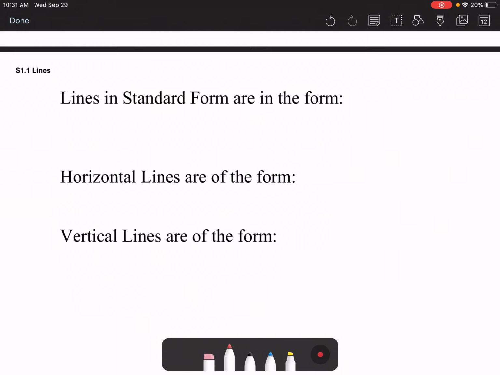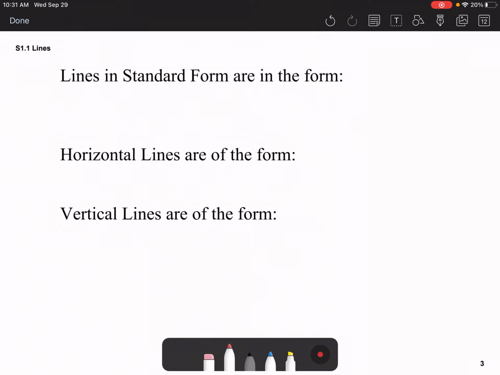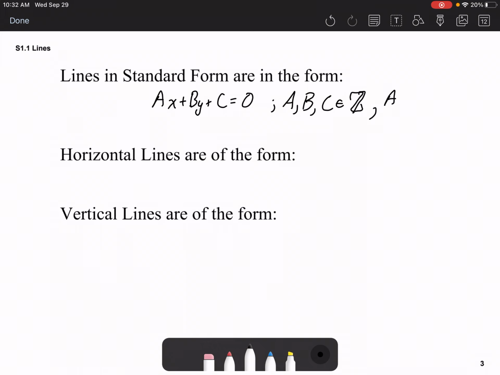Okay, so lines in the standard form are usually in the format ax plus by plus c equals 0, where the values of a, b, and c are usually integers. And the value of a is always greater than 0, or the leading coefficient is always greater than 0.